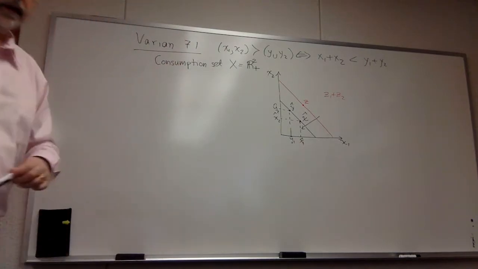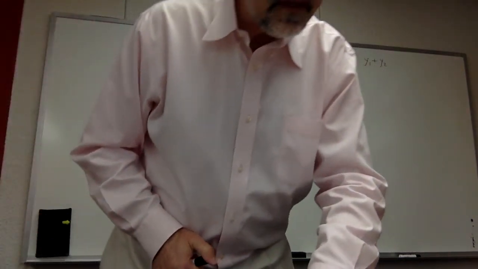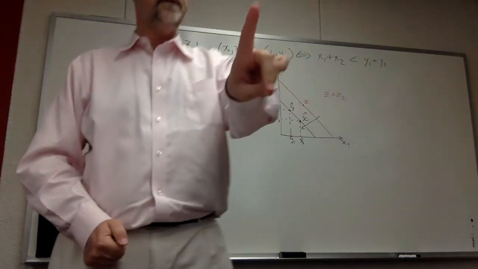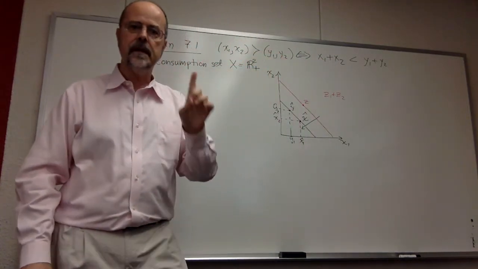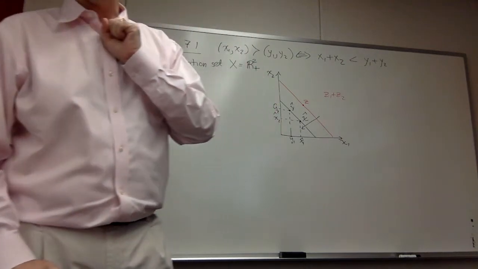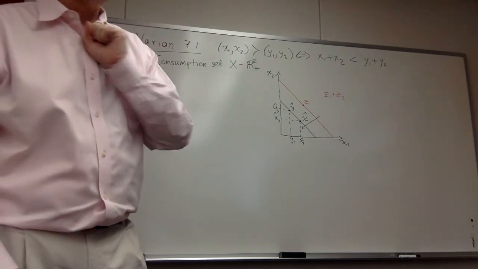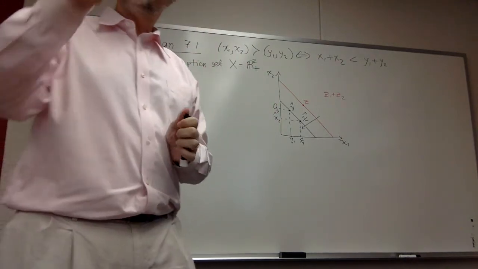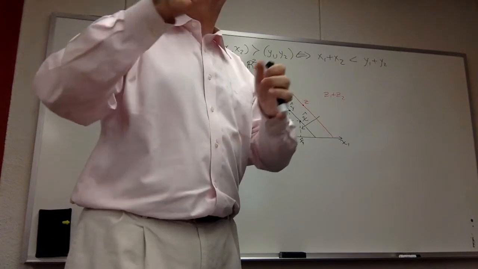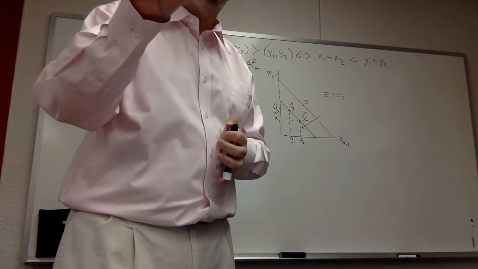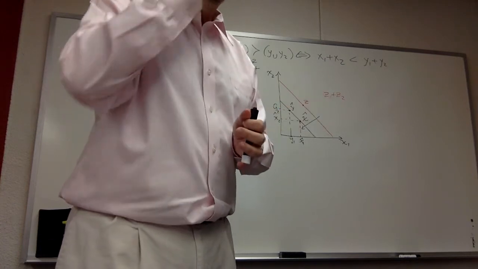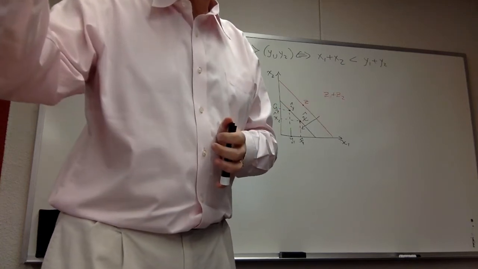Okay, so question. Do these preferences exhibit local non-satiation? Okay, let us test. The definition, to remind you, says, for every consumption bundle, there is some other consumption bundle within some positive epsilon distance of it, possibly small epsilon, but it doesn't matter, that is preferred.